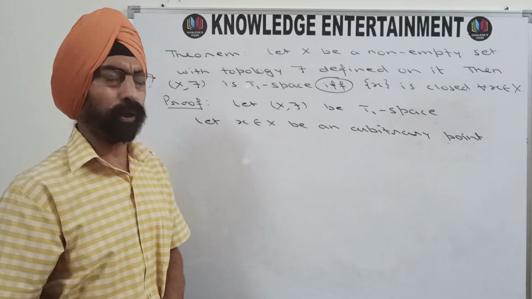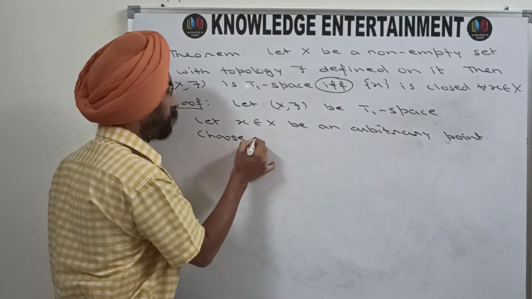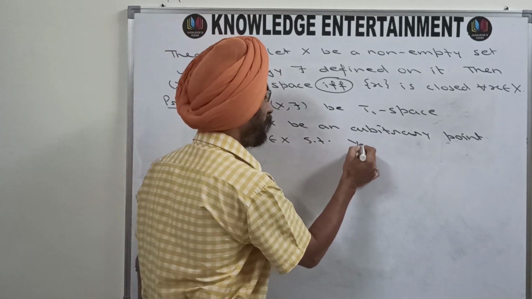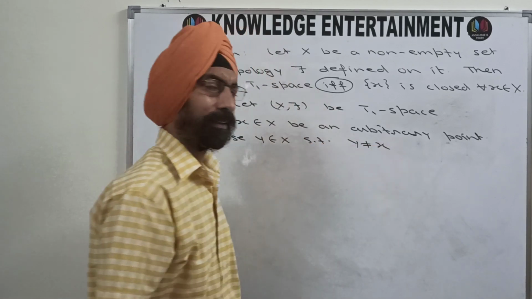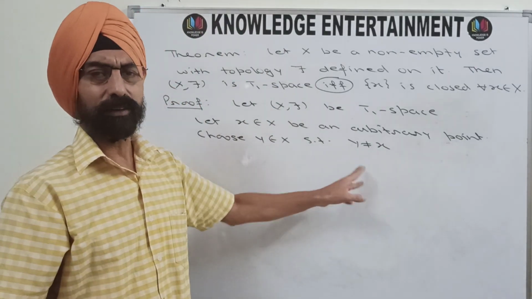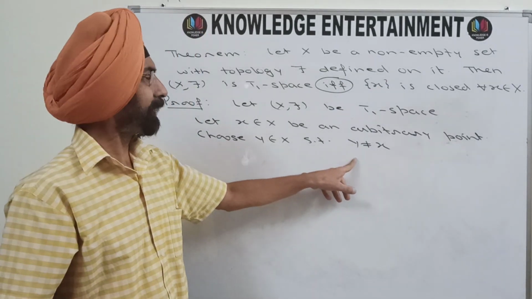x is an arbitrary point. Choose y belonging to X such that y is not equal to x. That means you can take any point other than x from the set X. Now x is not equal to y.